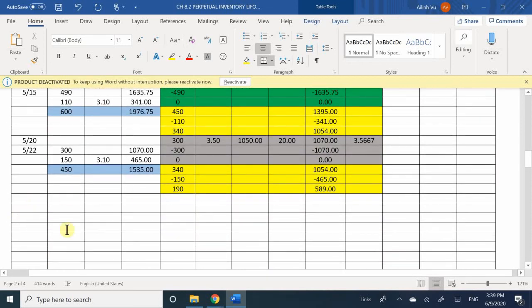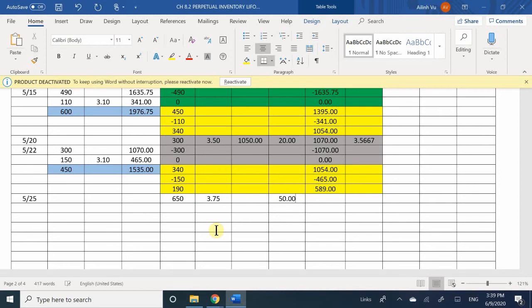So on the 25th of May, we got 650 at 3.75 and my freight was 50. So what is my total purchase? 2437.50. Hold on, what was it? 2437.50.